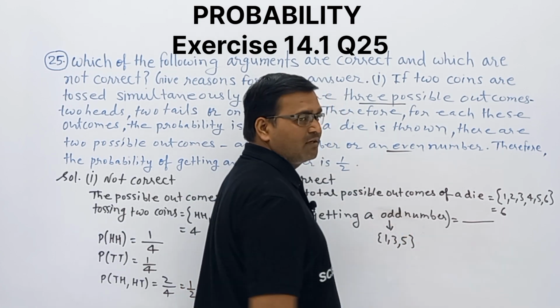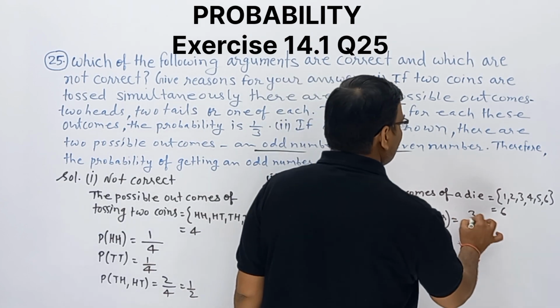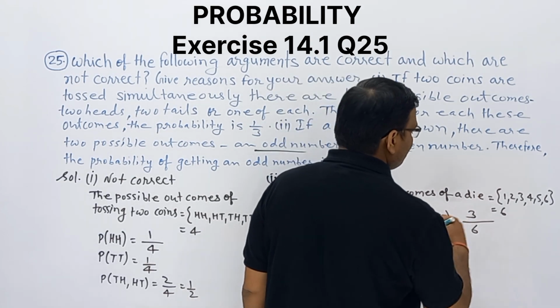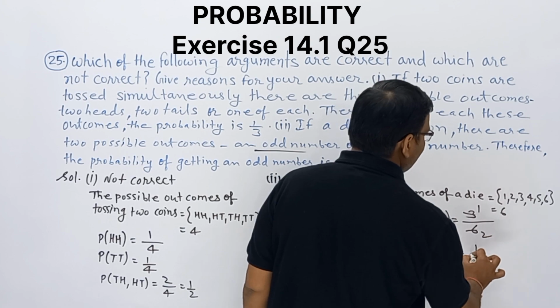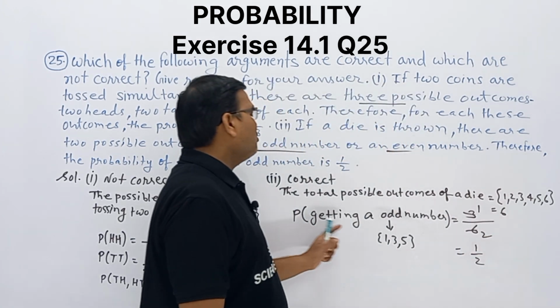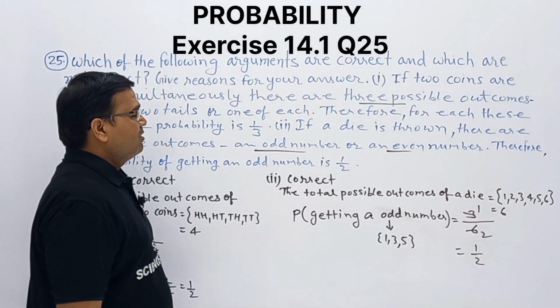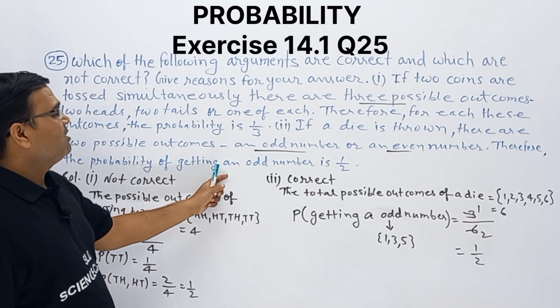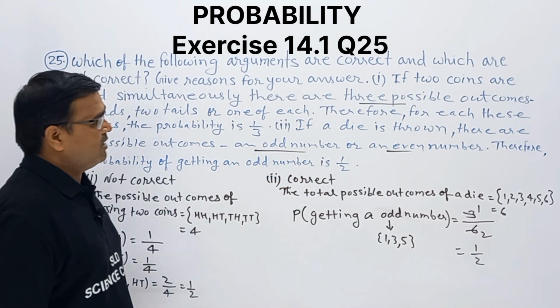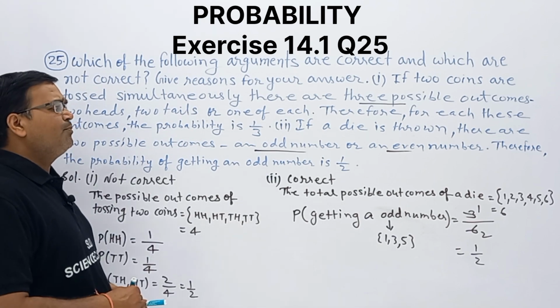So the number of favorable outcomes is 3, and total possible outcomes are 6. Solving, we get 1 by 2. So the probability of getting an odd number is 1 by 2, as given. So this one is correct.